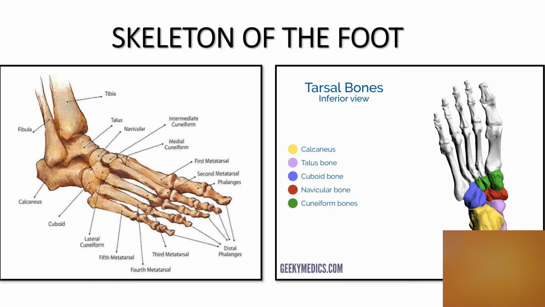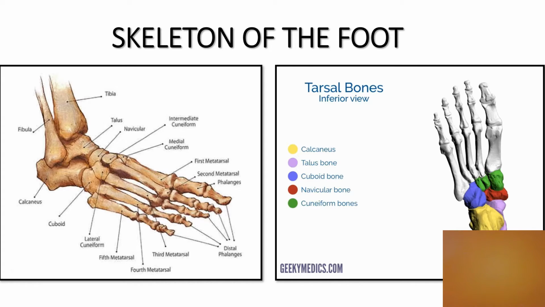And in front of them, the rest of the tarsal bones: the navicular, then the three cuneiforms, medial, intermediate, and lateral, and the lateral cuboid. These seven bones comprise the tarsal bones. Again, talus, calcaneus, navicular, medial cuneiform, intermediate, lateral cuneiform, and cuboid.